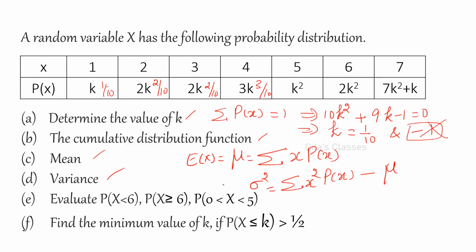And 0 strictly less than X strictly less than 5 means what? 1, 2, 3, 4 you have to consider. You have to add all these things. And minimum value of K for which P of X less than or equal to K is greater than 1 by 2. In the cumulative distribution function, after forming this table, you can find this. For what value of K is this greater than half.